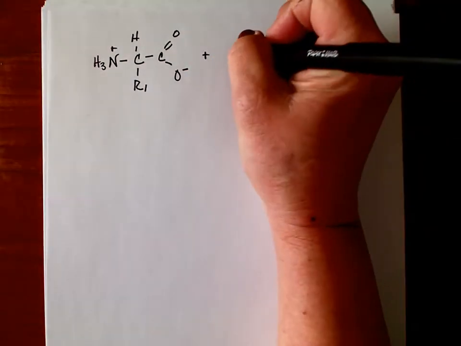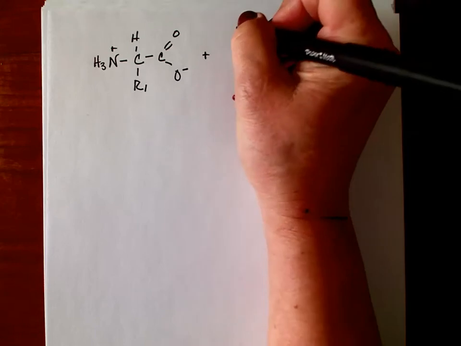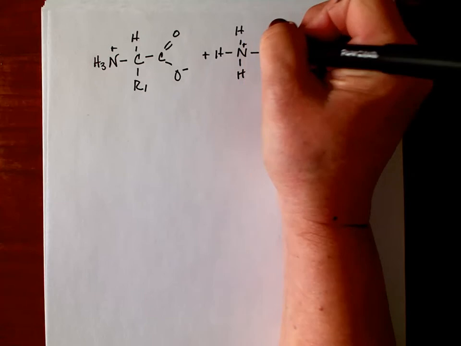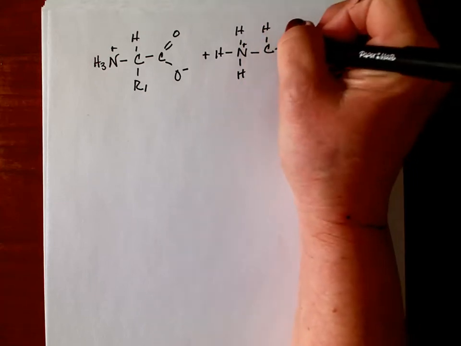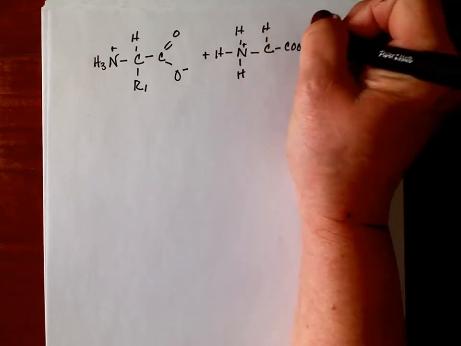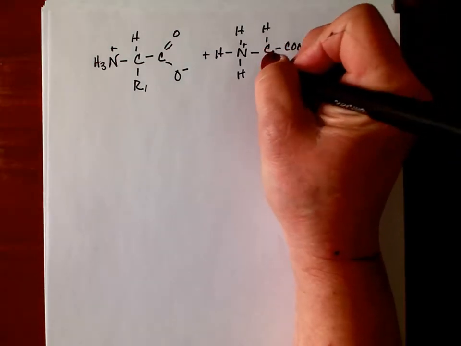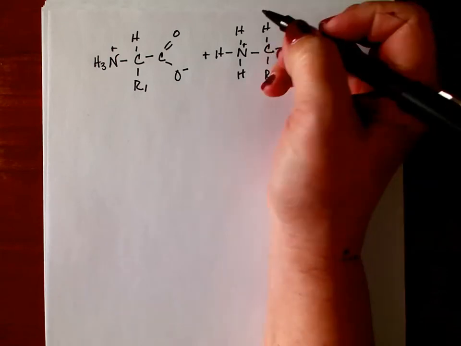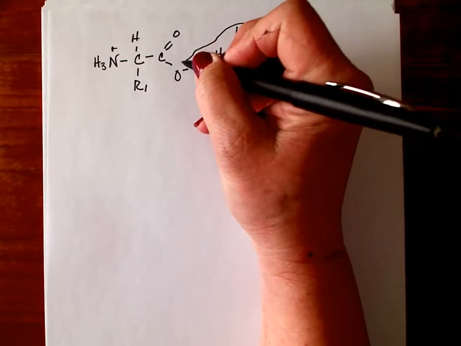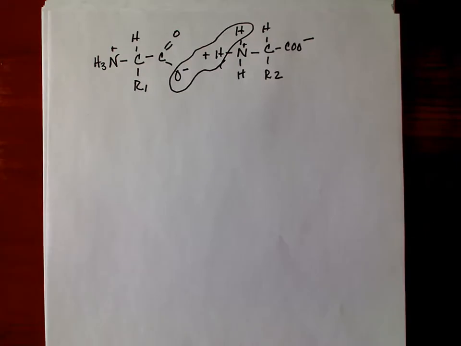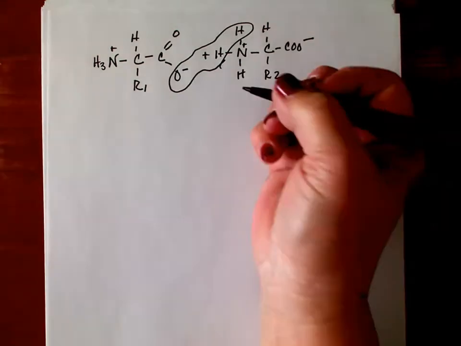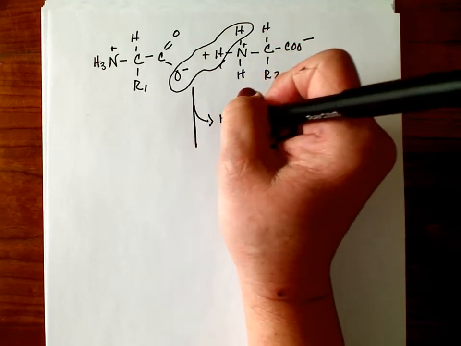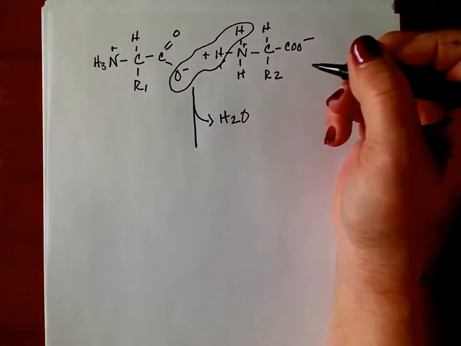For the incoming amino acid, I'm also going to show that so you can see all the hydrogens here. What happens is we are going to have a reaction between that oxygen and two hydrogens. We're going to release a molecule of water, H2O, and form that amide bond.